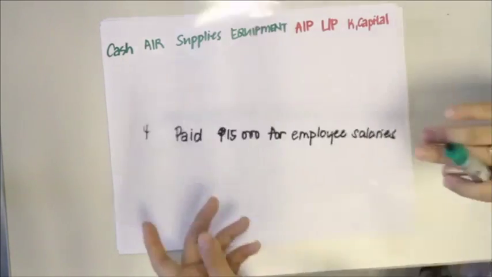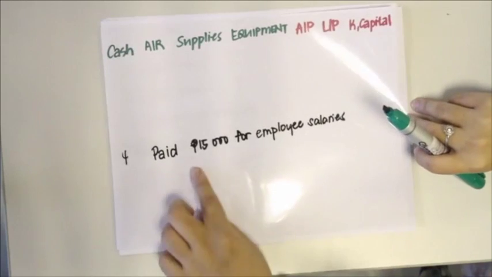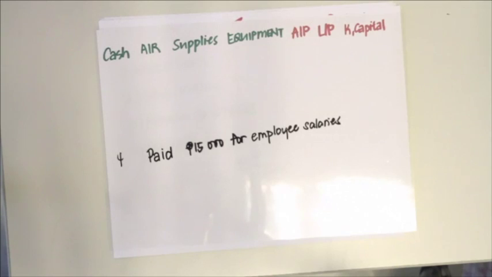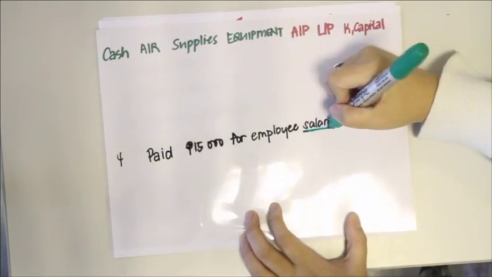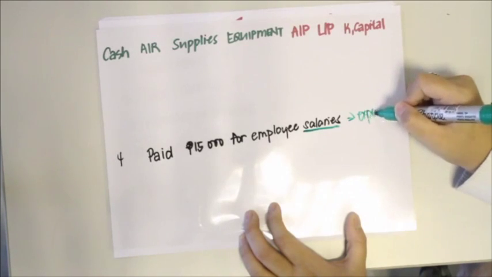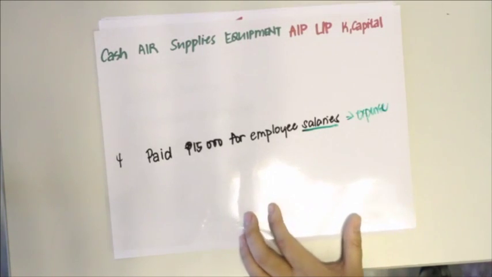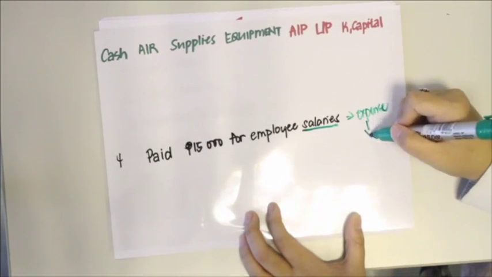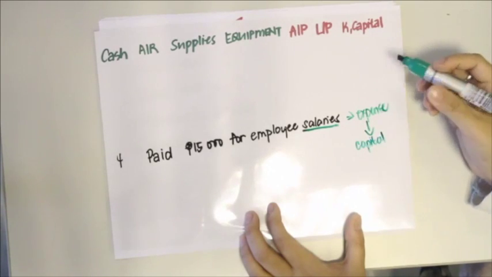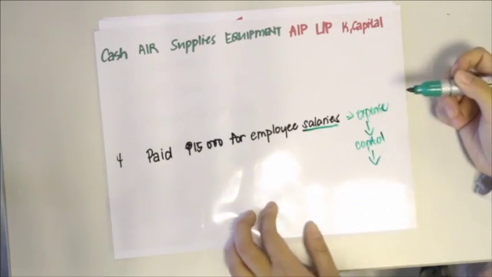Now let's take another example wherein you pay 15,000 pesos for employee salaries. So salaries would mean you have an expense. As I discussed earlier, an expense would affect the capital account by causing a decrease.